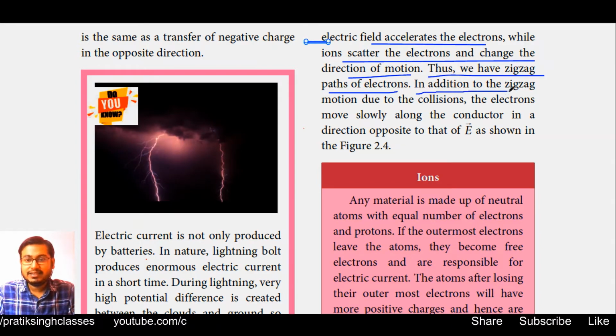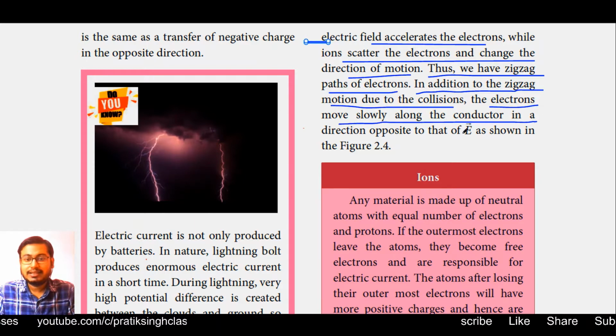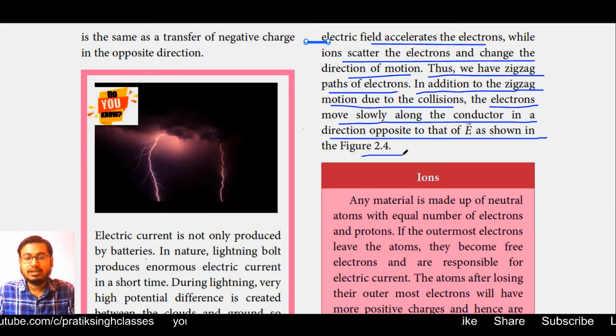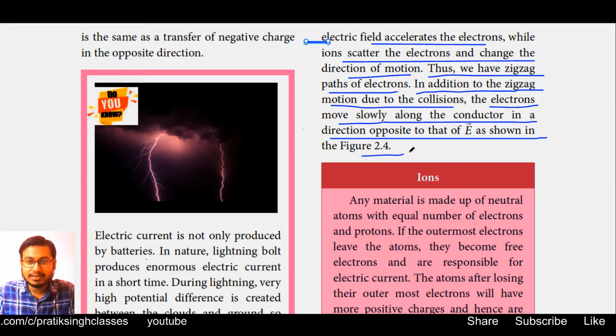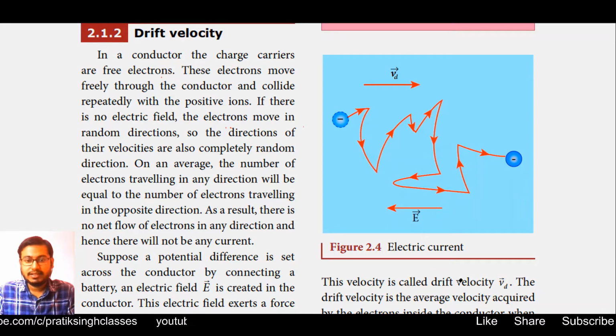In addition to the zigzag motion due to the collisions, the electrons move slowly along the conductor in a direction opposite to that of the electric field, as shown in figure 2.4. Let us see that figure once again and try to understand. So here in figure 2.4 you can see the direction of flow of negative charges, particularly electrons.